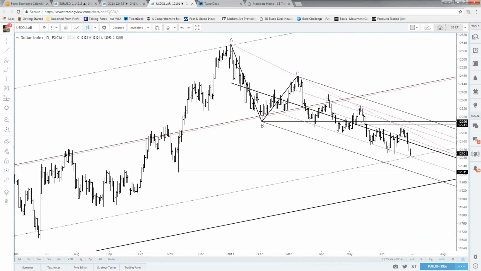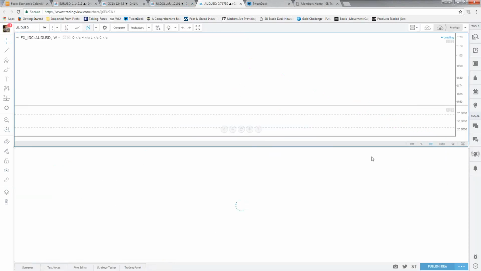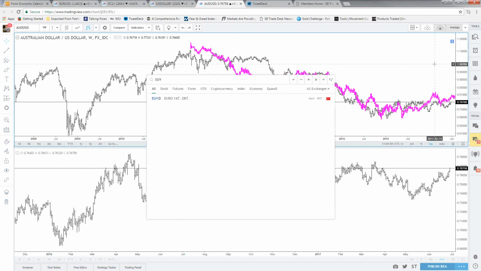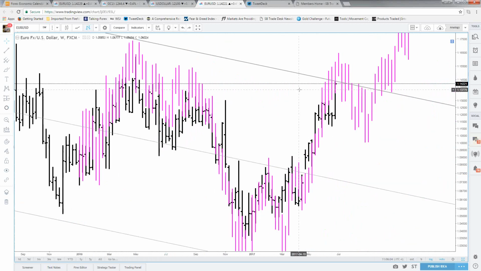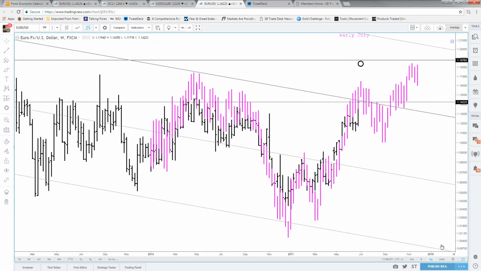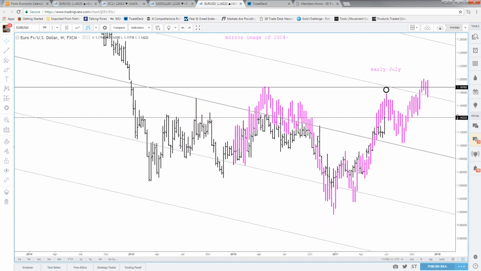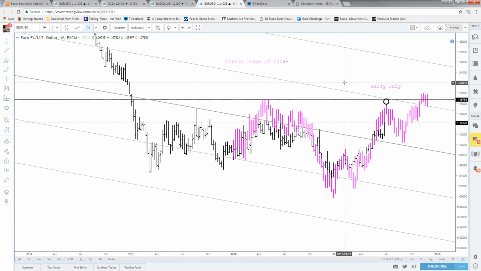Euro, spot on here, and this is saying, it's been following this for a while, this is saying that the top for at least a couple months is probably due next week.